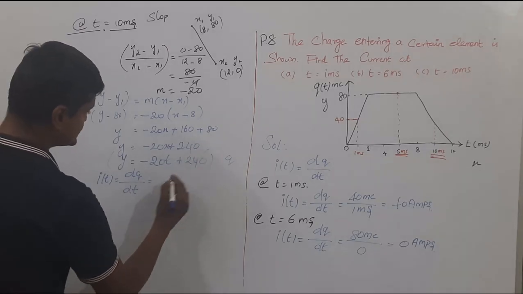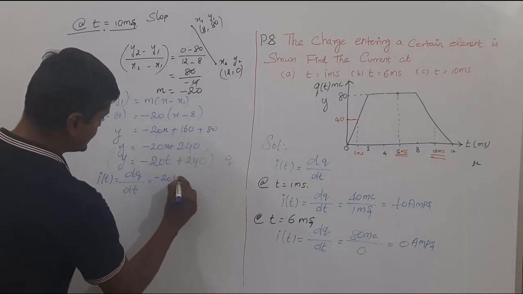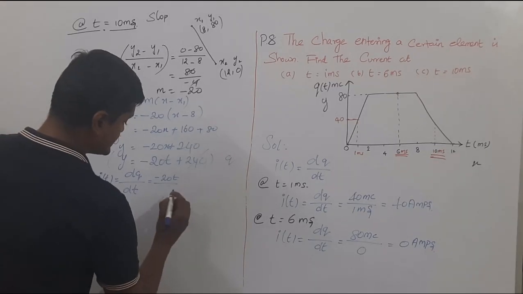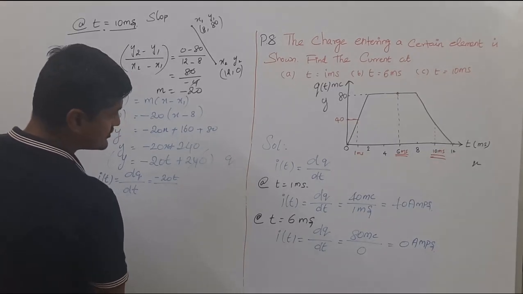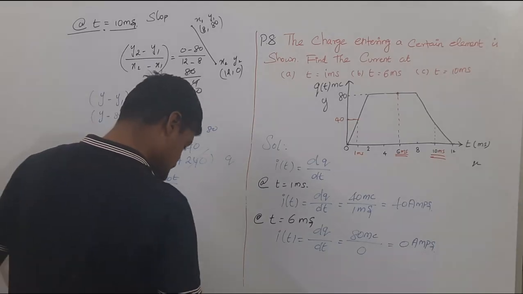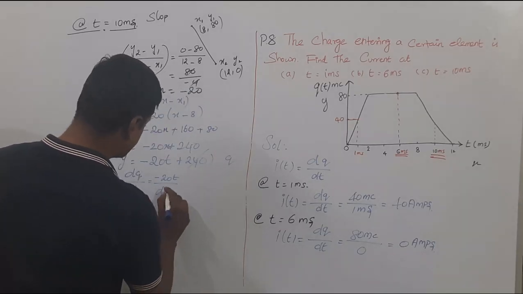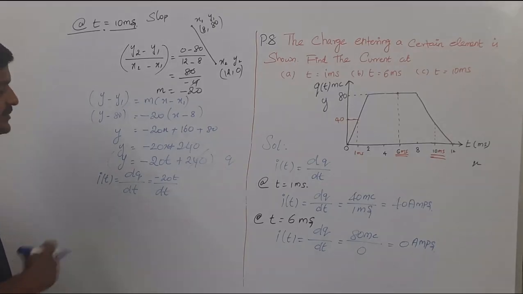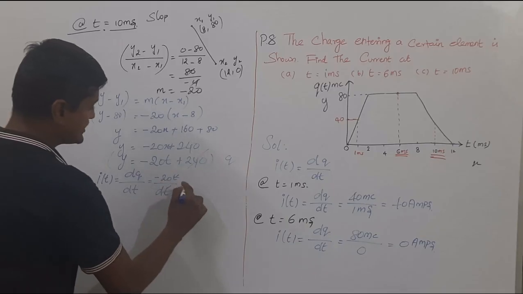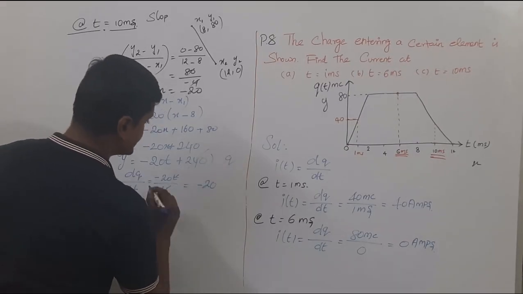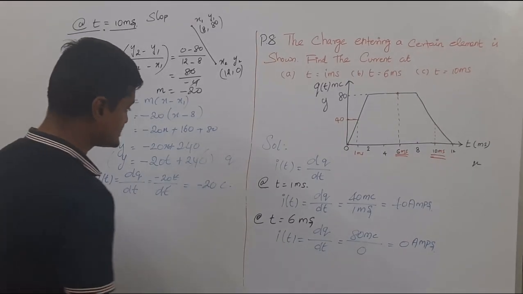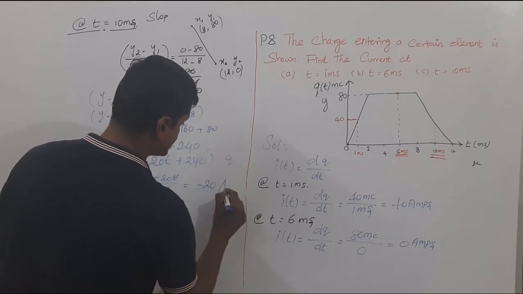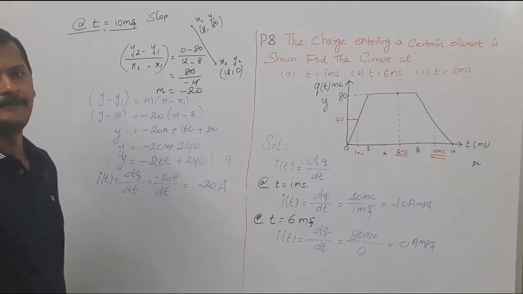So here the constant is 0, so minus 20t divided by dt, minus 20 divided by dt. So cancelling the t, that is equal to minus 20 coulombs, minus 20 amps, minus 20 amps.